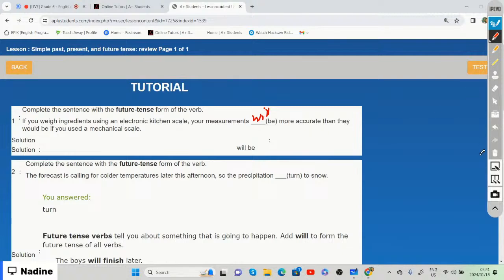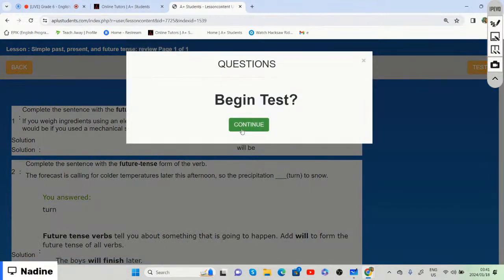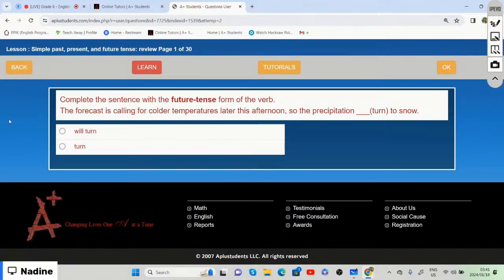All right, so now let's go to our test. We need to complete the sentence with the future tense form of the verb. The forecast is calling for colder temperatures later this afternoon.